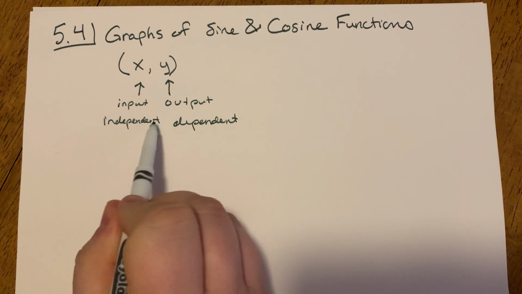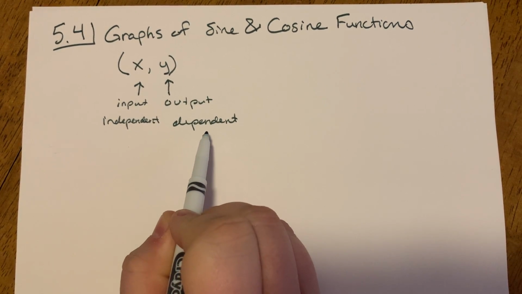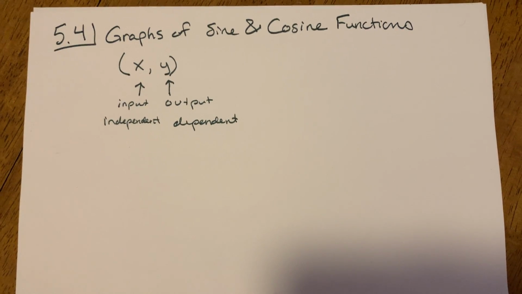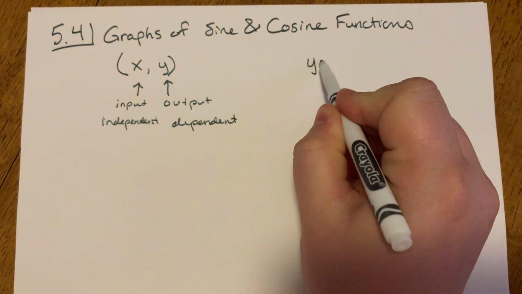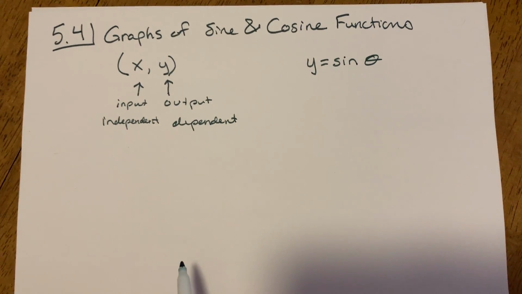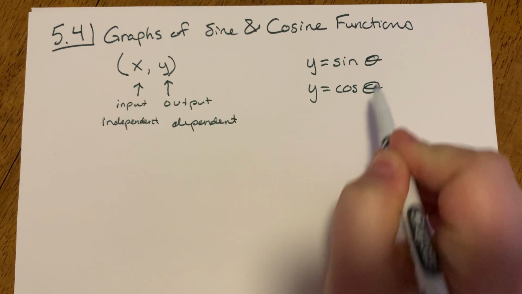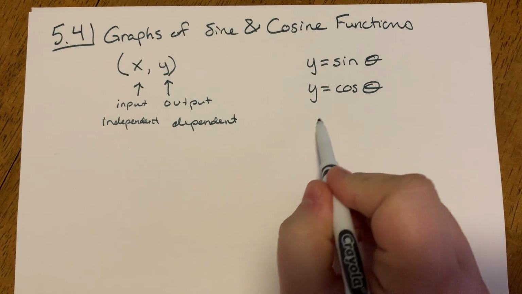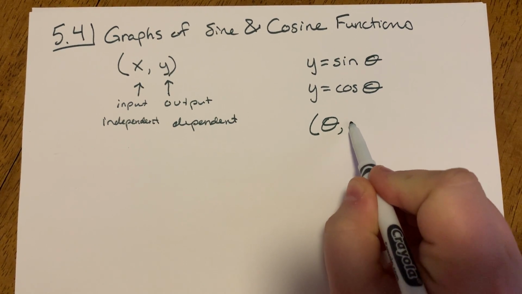Because x could be whatever we wanted, and then y would be a specified output for each particular x. And so we could say y equals sine of theta, or y equals cosine of theta, so that for a given theta, we'll have a corresponding y value.